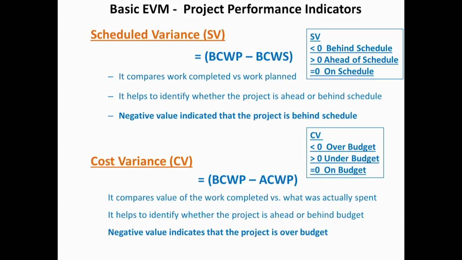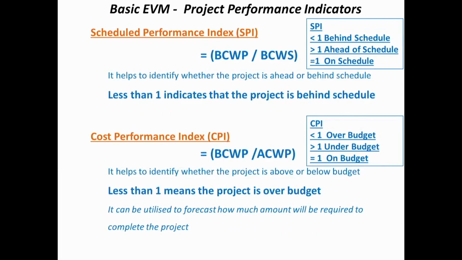Another way of looking at the performance is what we call SPI, Schedule Performance Index, or the Cost Performance Index, CPI. Here it's a ratio. We had dealt with this ratio initially. We looked at it intuitively; for the earthwork example, we got values of 0.4. We could see that if this ratio is less than 1, it's behind schedule; greater than 1, ahead of schedule; and equal to 1, the project is on schedule.